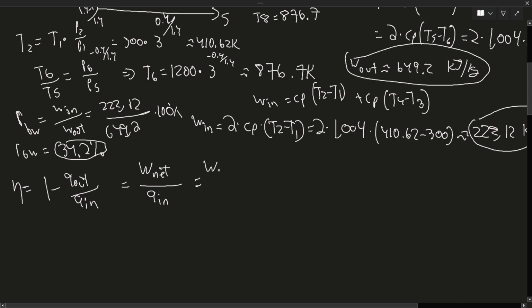W net is equal to work out negative work in. If you can't remember these equations by heart, just keep in mind that stuff like W net has to be positive. I don't think your professor is going to ask something super complicated, okay? Let's find Q in.